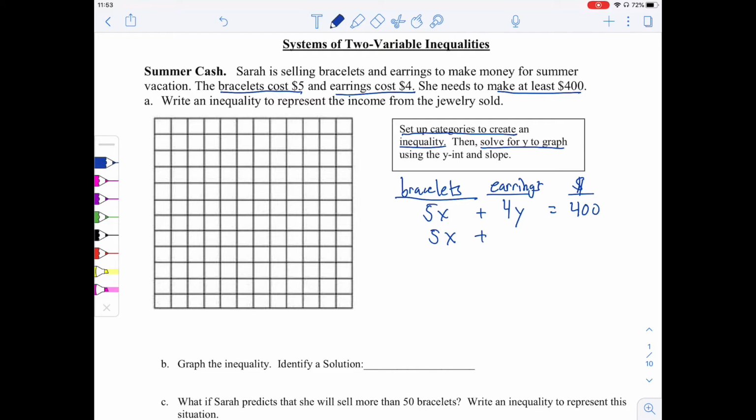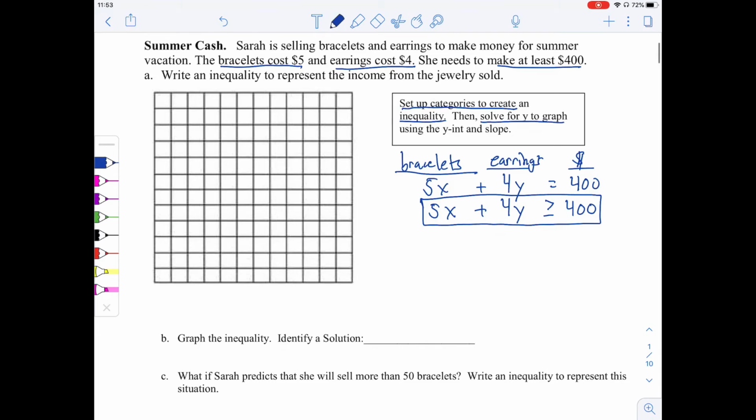So we need to make an inequality: 5x plus 4y, at least 400 and above, so greater than or equal to $400. And this is what we're going to graph. In order to graph this, we need to solve for y. Always subtract 5x from both sides.